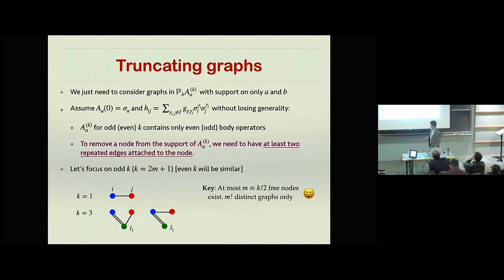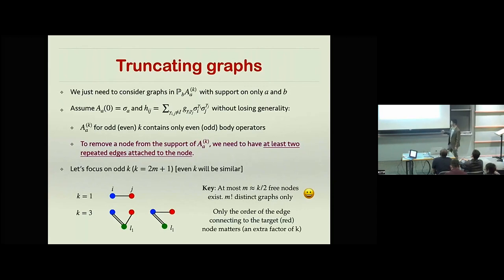With this, it's not hard to realize that you only have k over 2 free nodes instead of k nodes for the order k. This also means that the number of distinct graphs goes down from k factorial to only k over 2 factorial, and that's good enough to make the series convergent. Of course, you also need to worry about the order of the graphs, because these graphs are ordered: you can't change the order of those nested commutators.